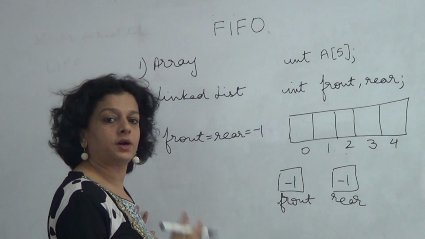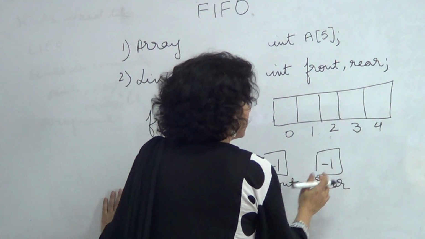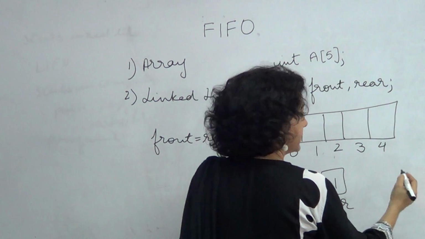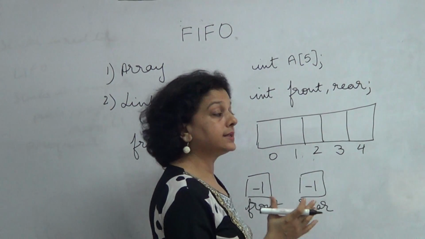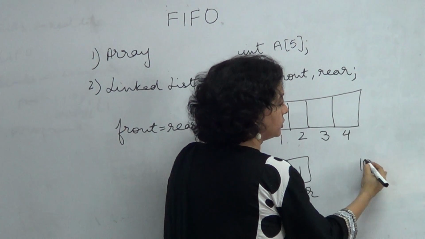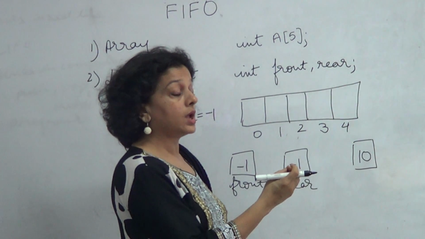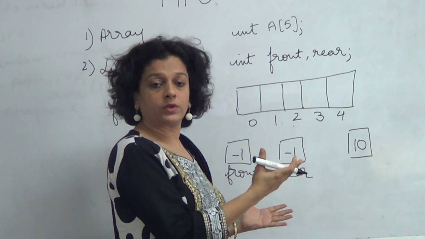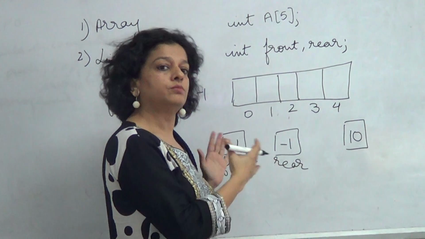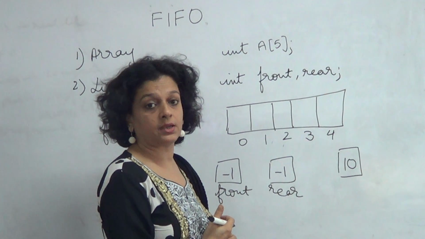Now to add the first element to the queue, I need to increment both front and rear by the value 1. Let us see why. Say I need to add one element, 10, to the queue. Now 10 is the only element in the queue, so it represents both front and rear of the queue, and it is considered a special case.